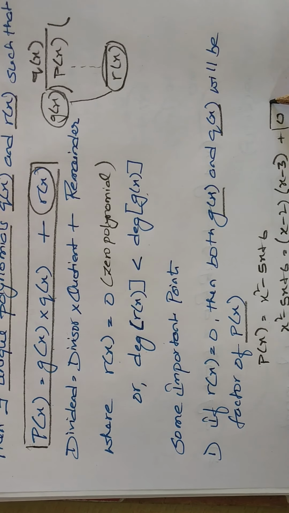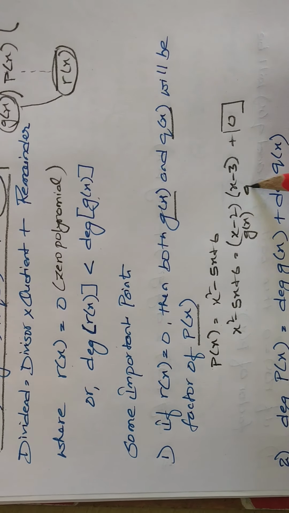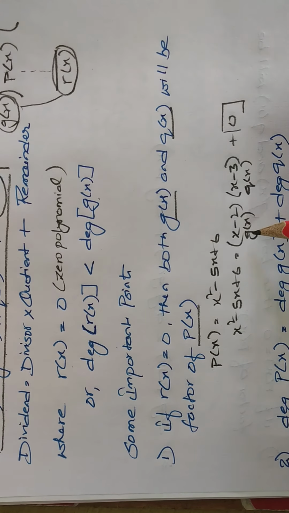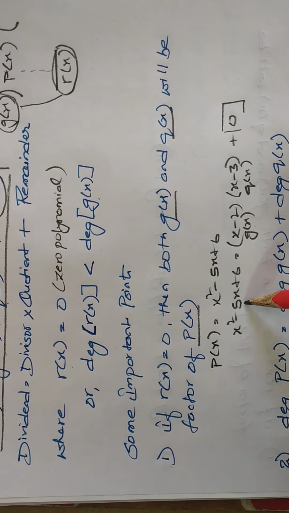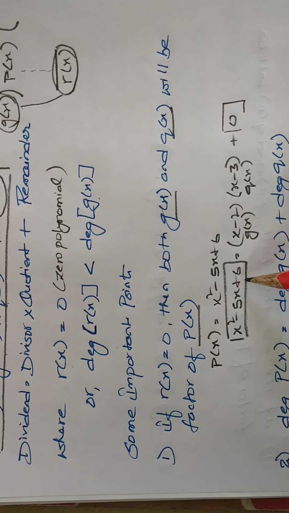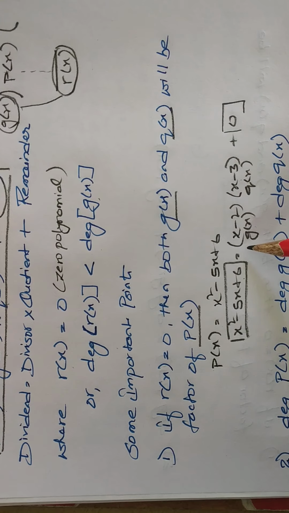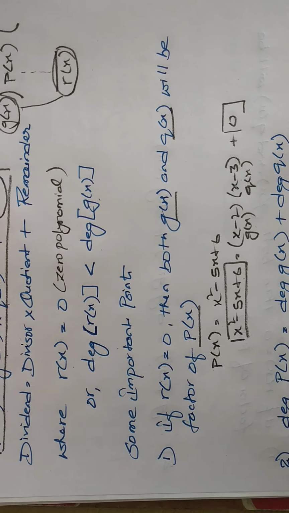So here r(x) is 0, this is the divisor polynomial and this is the quotient polynomial. In that case you can see that g(x), that is x minus 2, is also a factor of p(x), that is x square minus 5x plus 6, and x minus 3 is also a factor of x square minus 5x plus 6. So we can say that if r(x) equal to 0, then both g(x) and q(x) will be factors of p(x).